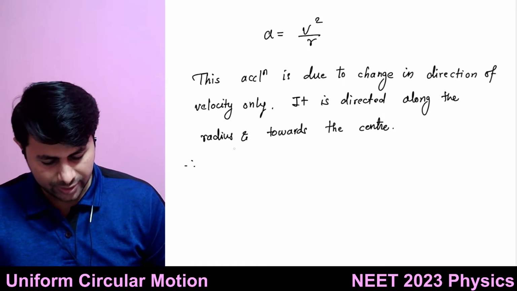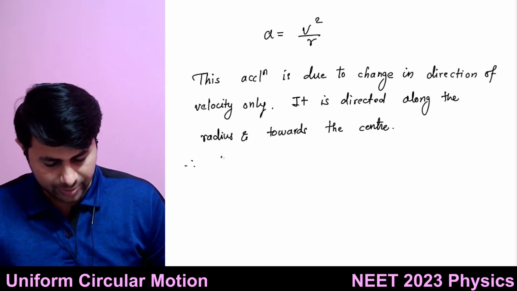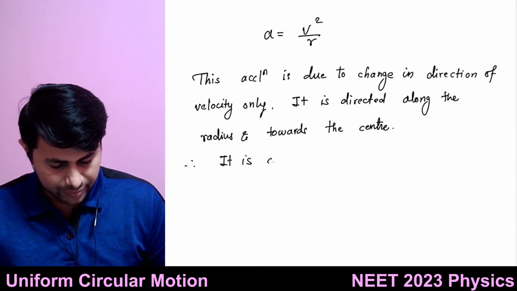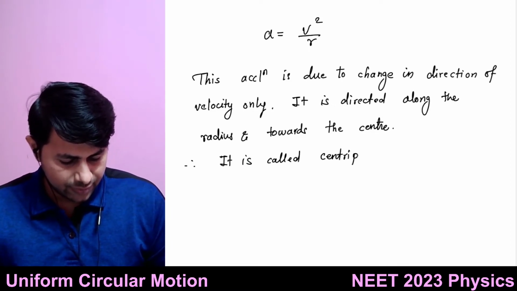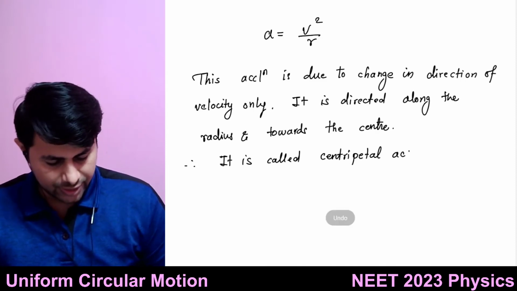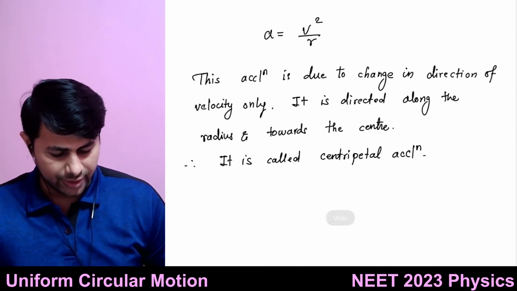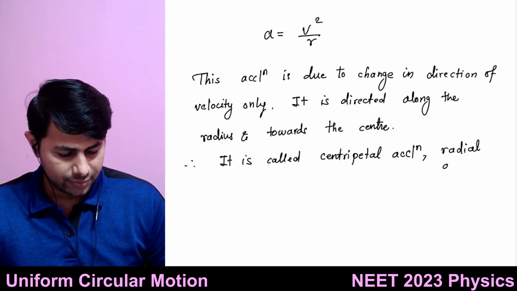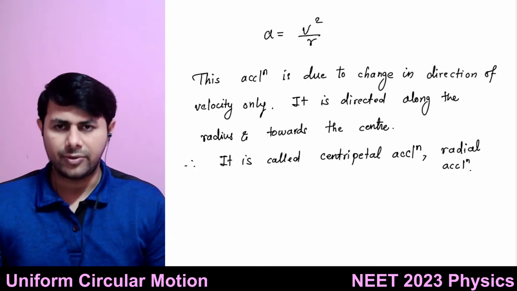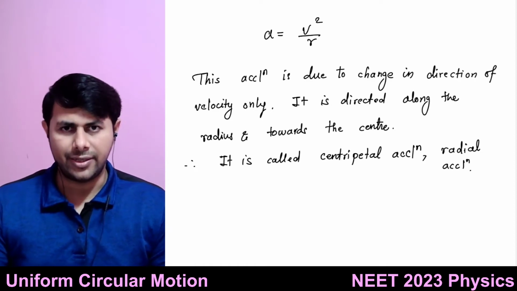Therefore it is called centripetal acceleration. It is also called radial acceleration. Why? Because it is along the radius.